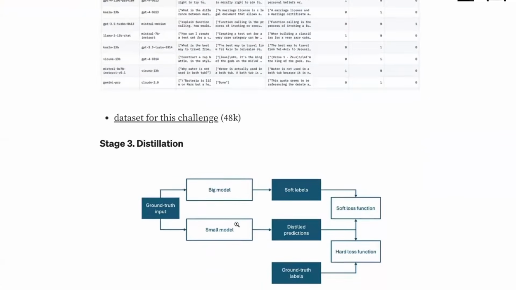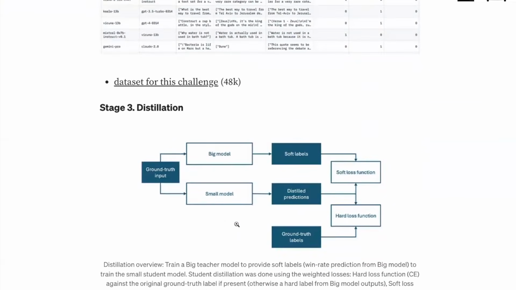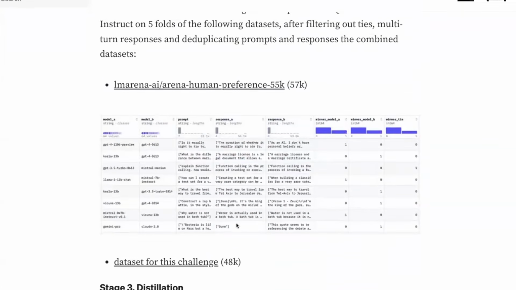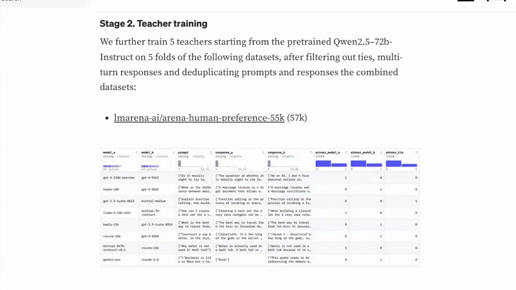But on the student distillation, they use a lot more labels to train the small model. This is because with a large model, like the 72B, a smaller set of labels can already give very good performance. For a smaller model to get comparable performance, you need a lot more labels.